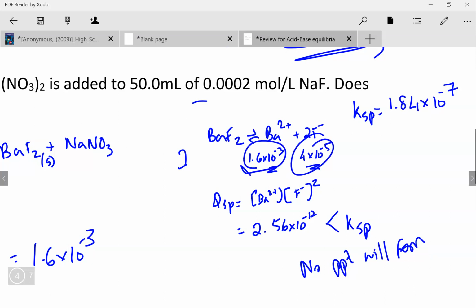So any solid that tries to form will instantly move towards the right hand side of the reaction to reach equilibrium, and therefore no precipitate will form because you need more ions basically, not more solid.